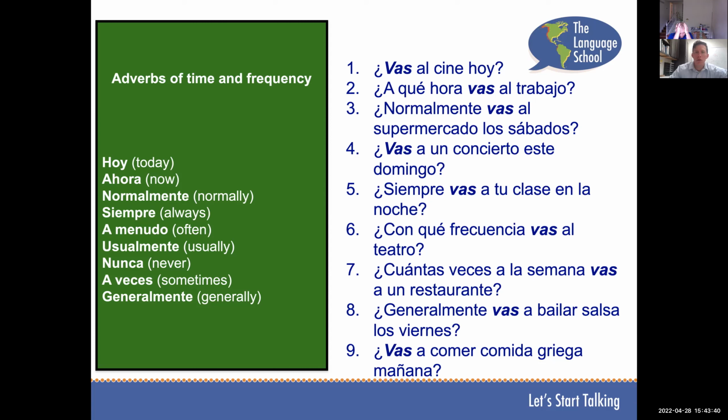No, voy a mi clase en la noche. ¿Con qué frecuencia vas al teatro? No voy al teatro mucho. ¿Cuántas veces a la semana vas a un restaurante?